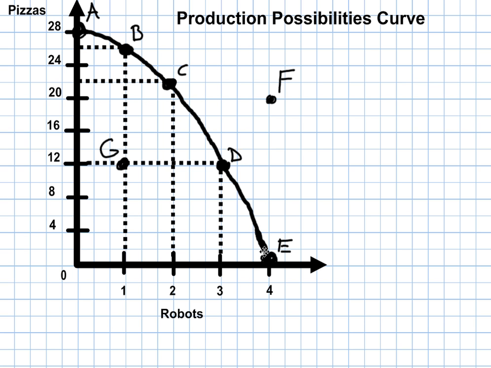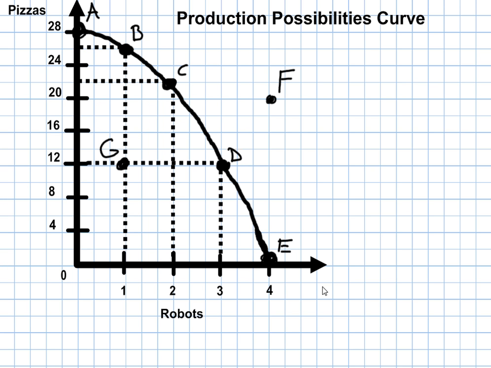So this line, or the location of our frontier or curve, depends on a couple of things. Number one, the quantity of available resources that we've got. Secondly, technology, and finally, any improvements in those resources or technology that we might see.